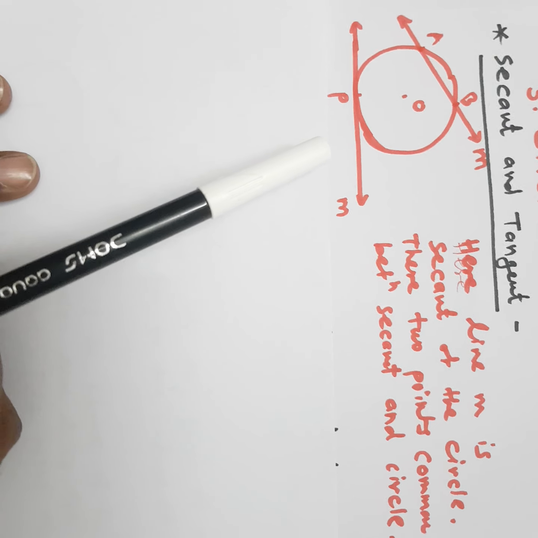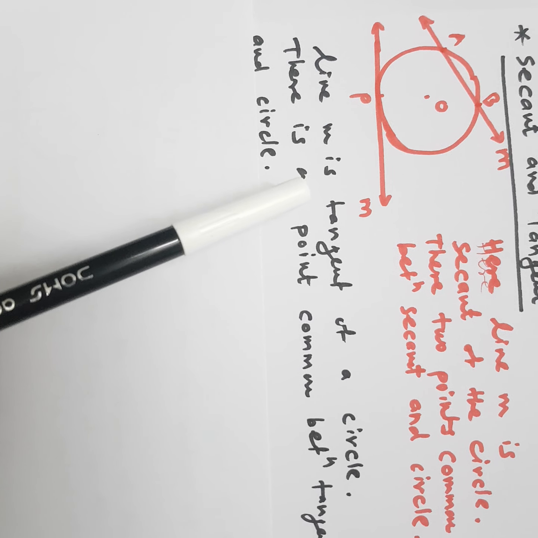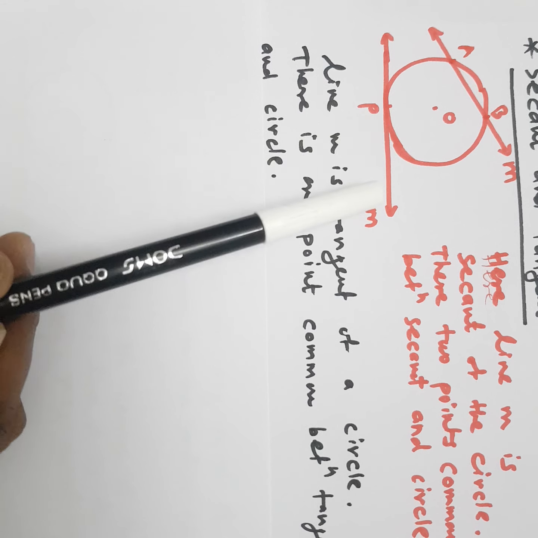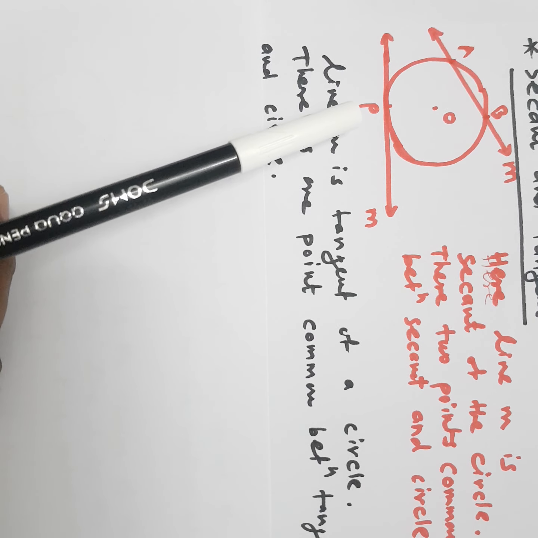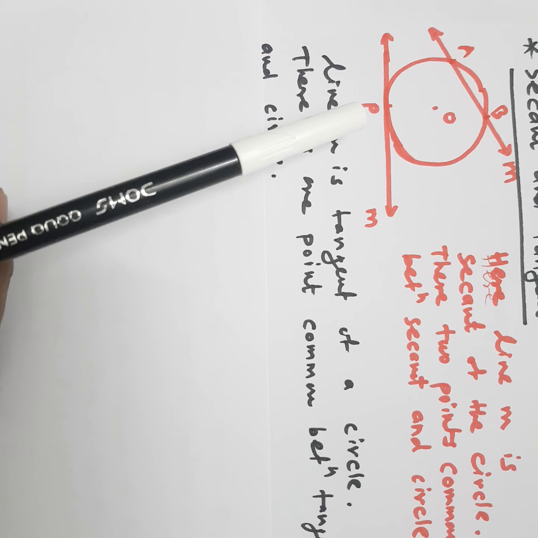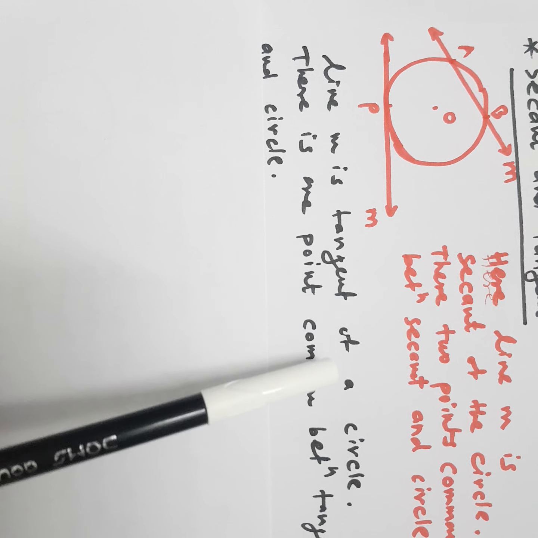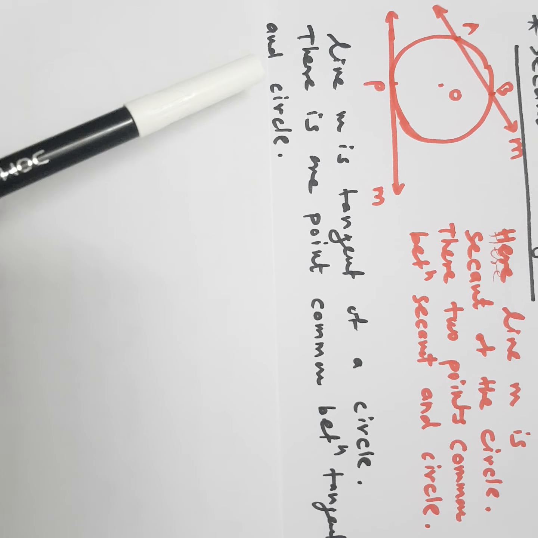We see another line, line M. Between line M and the circle with center O, there is one point common, point P. This line M is called a tangent of the circle.